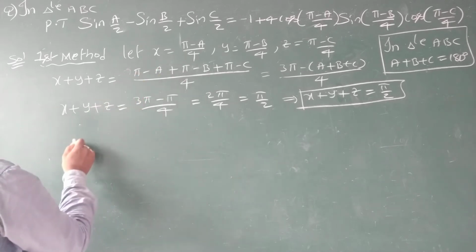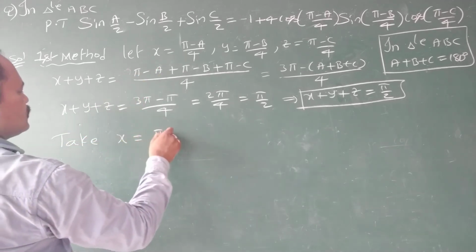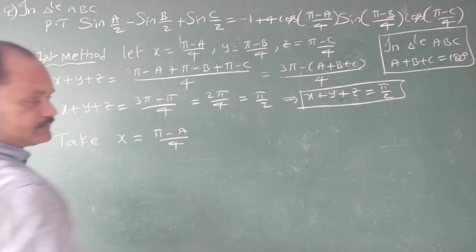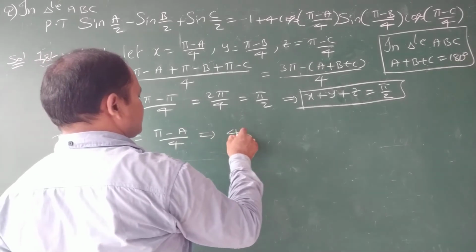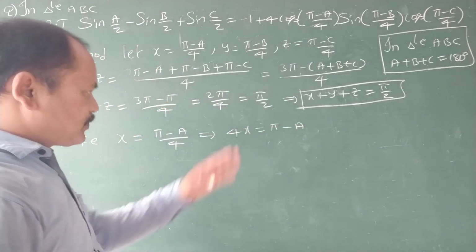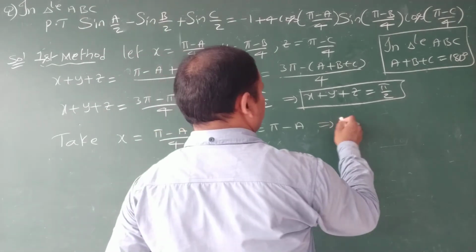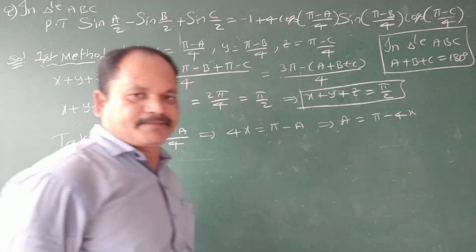Now let us take x is equal to pi minus A by 4. From this, 4x is equal to pi minus A. Again from this, A is equal to pi minus 4x.